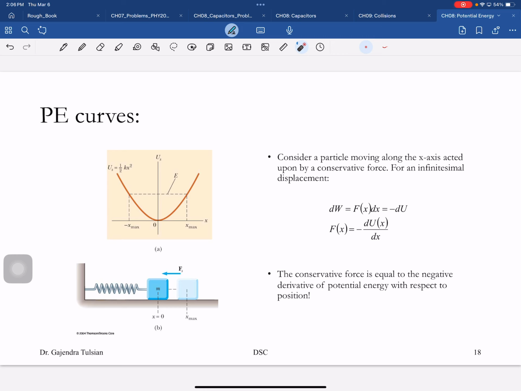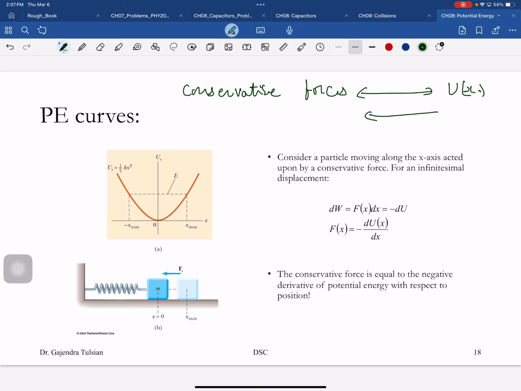So we saw that with conservative forces, you can associate a potential energy function, and from the potential energy function you can calculate the force. So they both contain the information about each other.